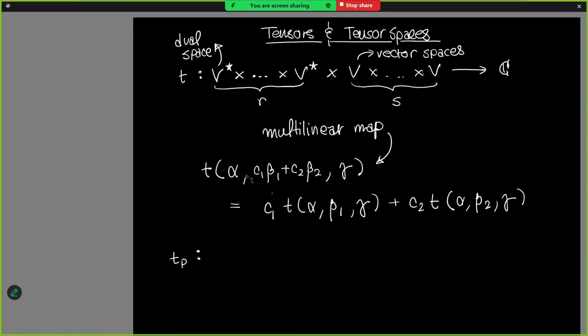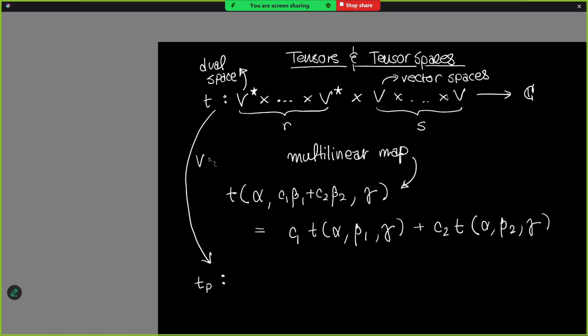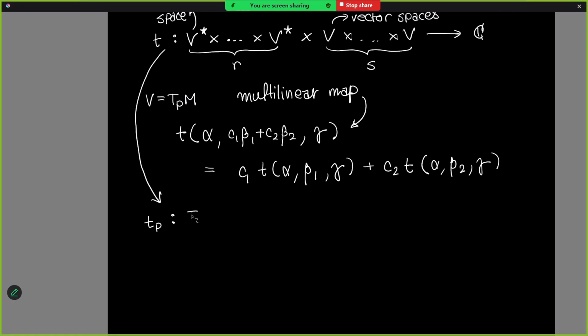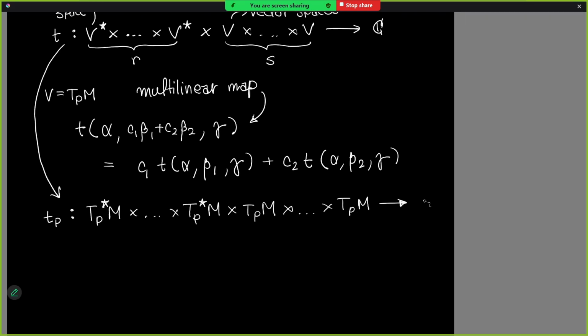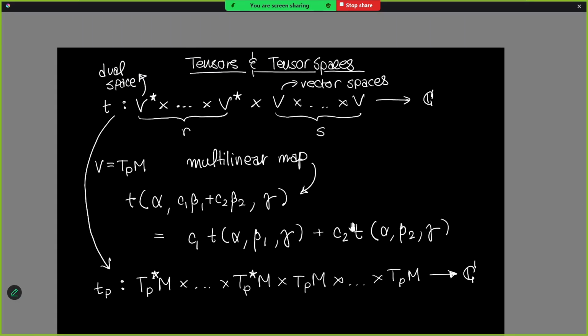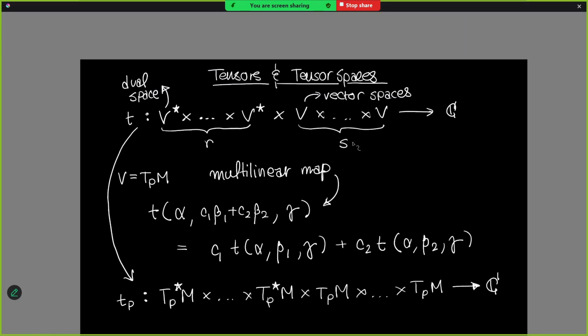So we're going to specifically look at the types of tensors that work on V equals T_pM. So V equals T_pM, what does that mean? That means that we get T_p star M, which is the dual to T_pM. And so what it does is that it takes R covectors and S vectors and maps them to C.